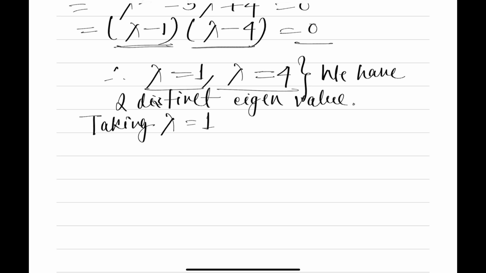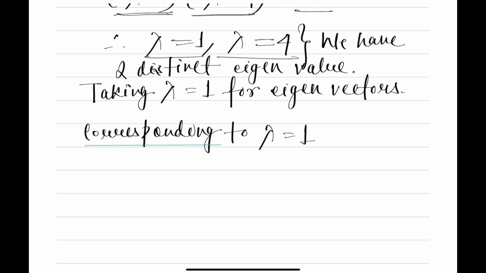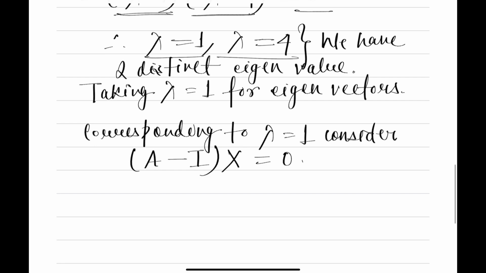Now for solving the eigenvectors, we take lambda is equal to 1. For the eigenvector corresponding to lambda is equal to 1, consider (A minus I) x is equal to 0.